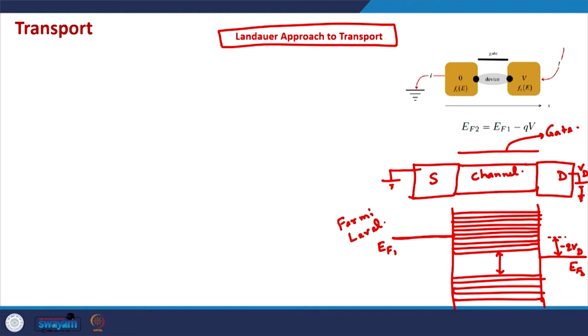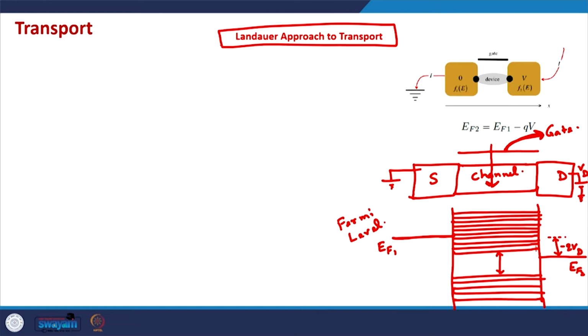Now this gate voltage, as you might have guessed by now, by changing the voltage on the gate terminal, we can change electric field or potential in the channel, and if the potential is changed in the channel, it means that the potential energy of the electrons can also be changed. So what this does is, this gate voltage here can shift these electronic states up or down.